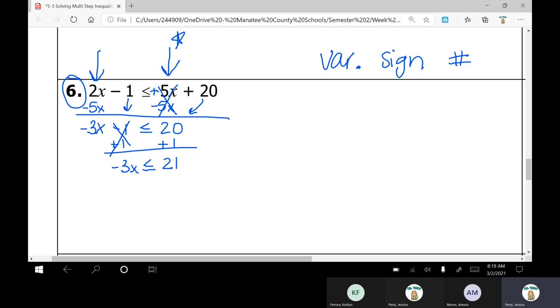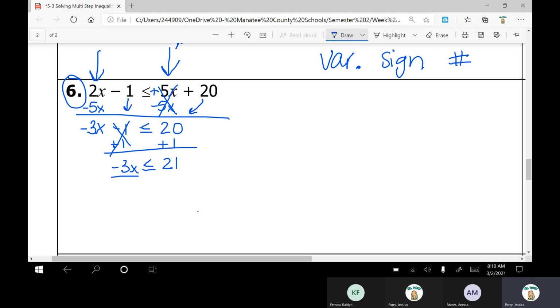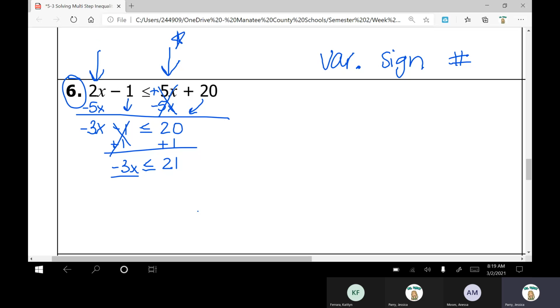One more step here. I'm going to get rid of that negative 3. How can I get rid of that negative 3? Do what to both sides? Add, subtract, multiply, or divide. I see some typing. Divide. Perfect. We're going to divide by the number that's in front of x, which is negative 3. Those cancel out.